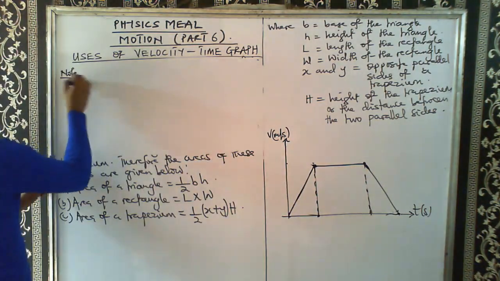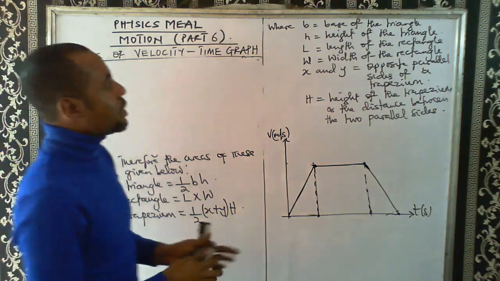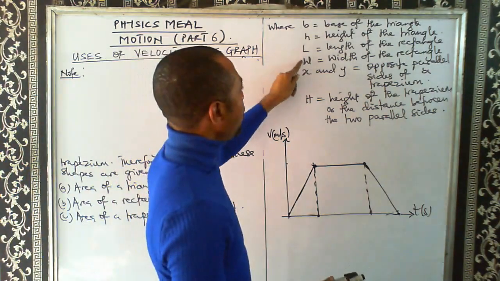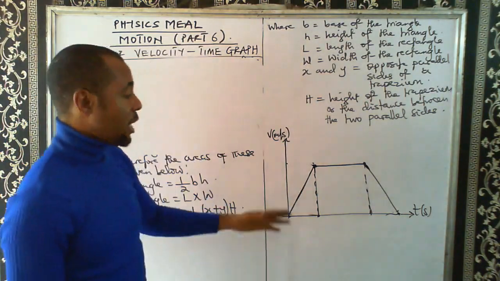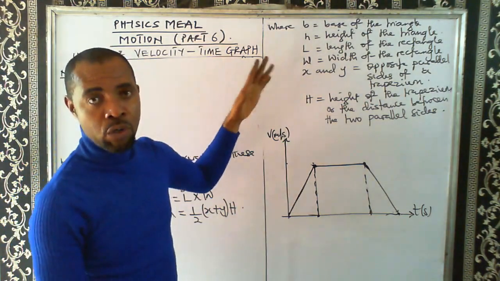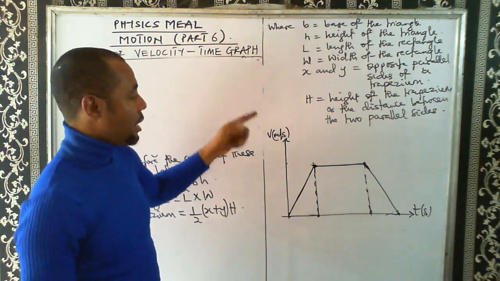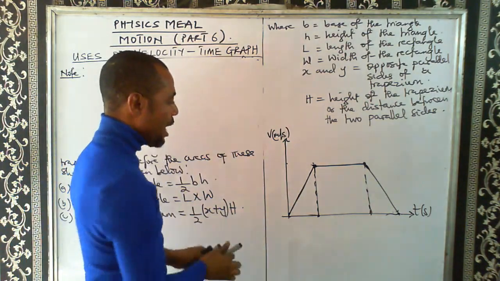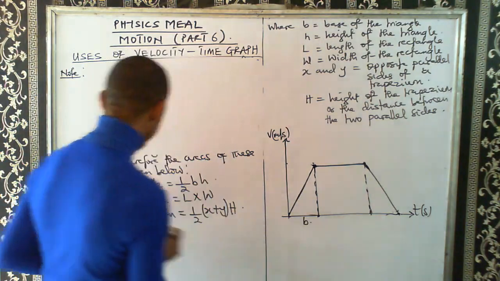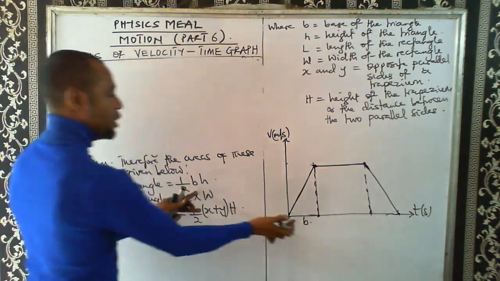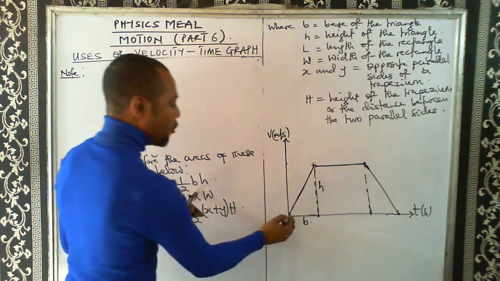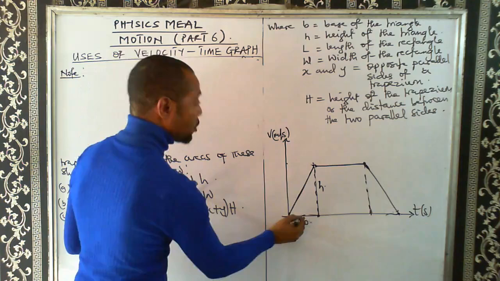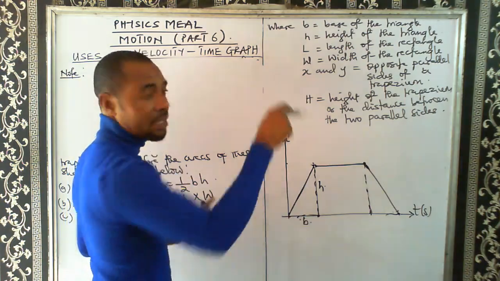Please note this. All these terms you see, b, h, L, W, x and y and capital H, can either be obtained from the time or velocity axis. For example, in half base times height, this is the base of the triangle and this is the height. From here to here is dealing with time, so this b represents time.